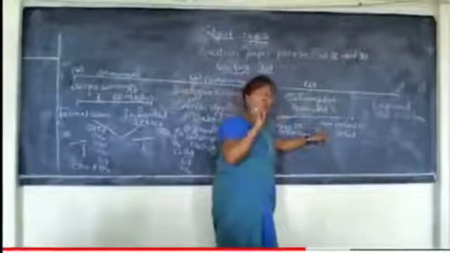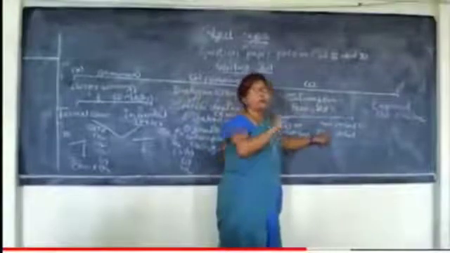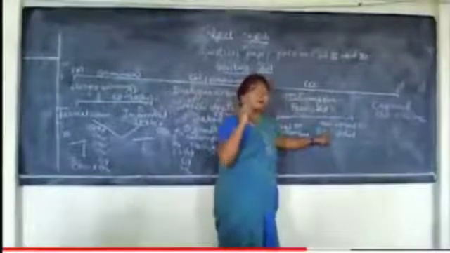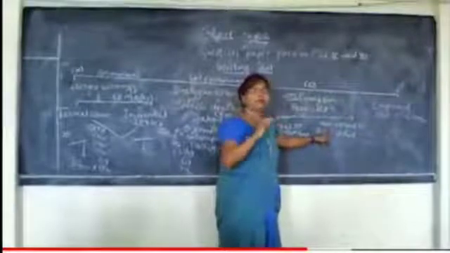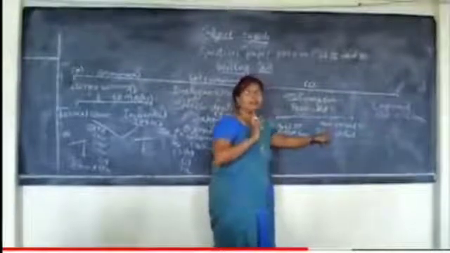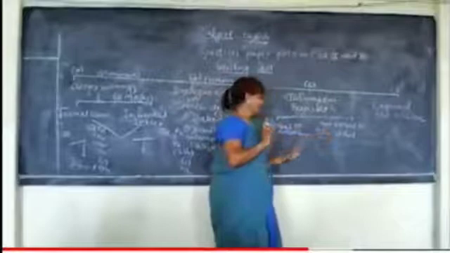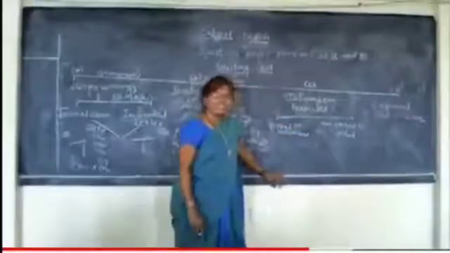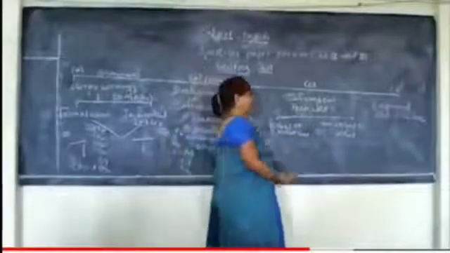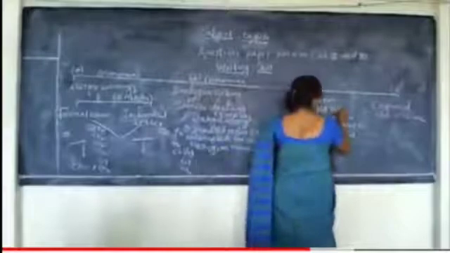With those points, you have to write a paragraph. With the help of that information, you have to write the paragraph. Both are very easy. It is also worth 5 marks.